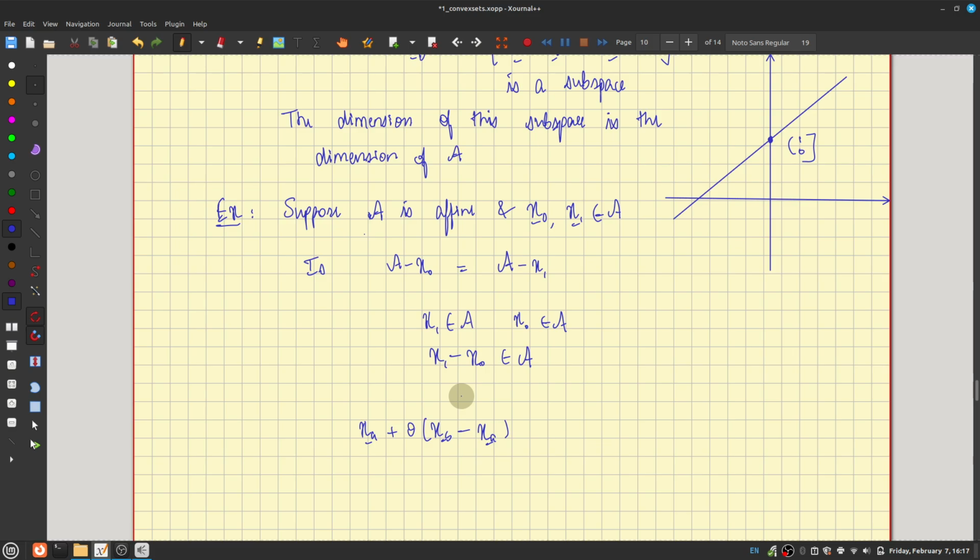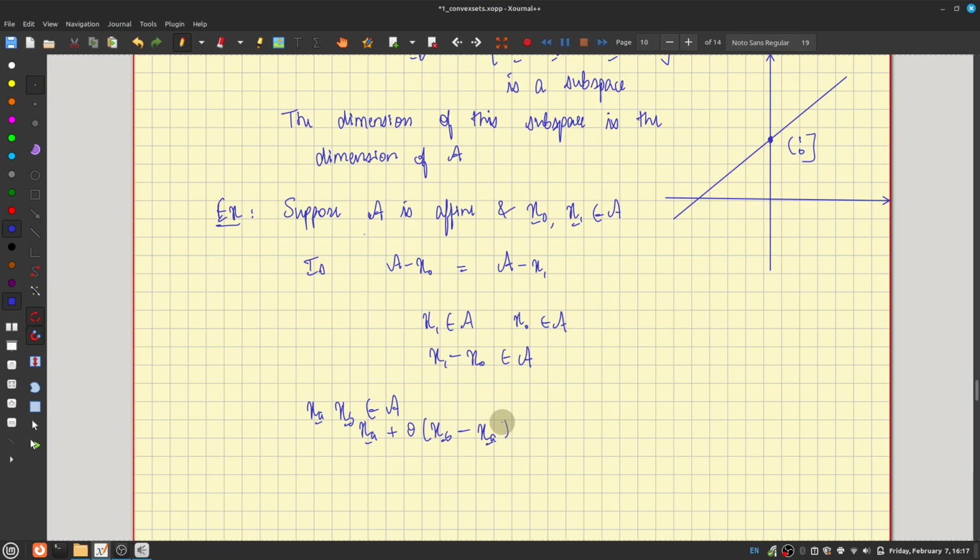So a set is affine. Are you assuming that xa and xb belong to A? And you're considering the straight line that passes through xa and xb. So the assumption is that you take any xa, xb in this affine set A, and now you look at xa plus theta times xb minus xa.